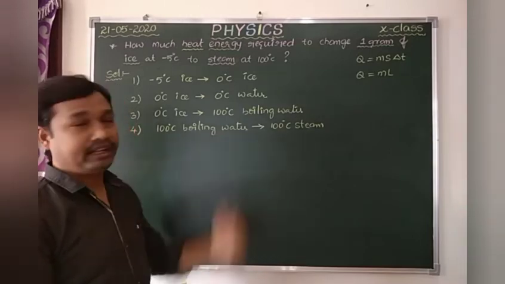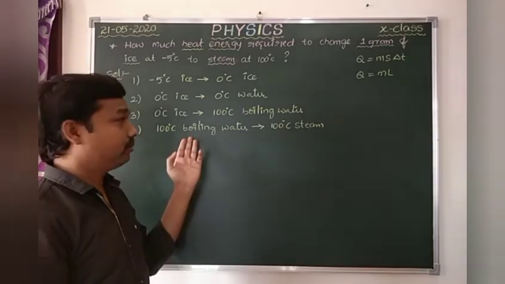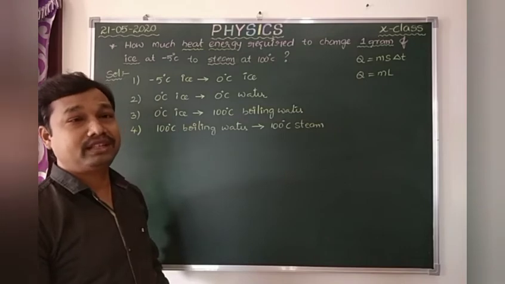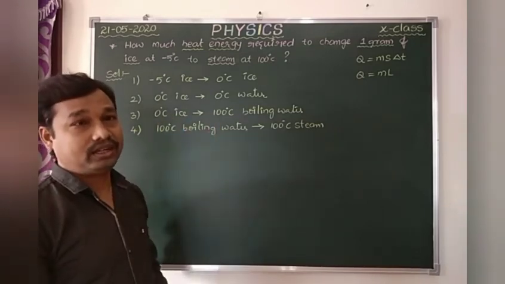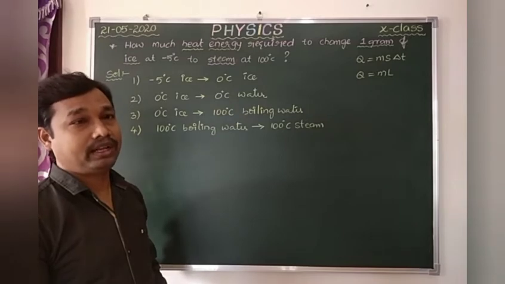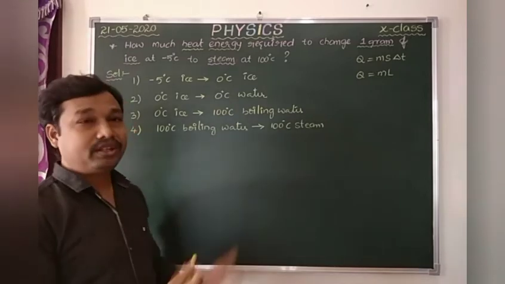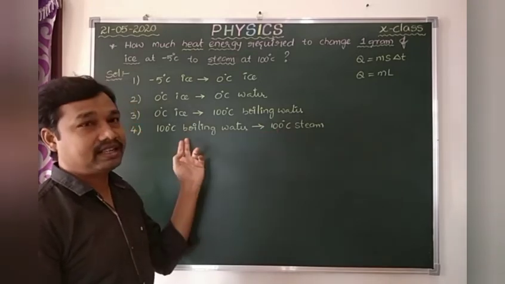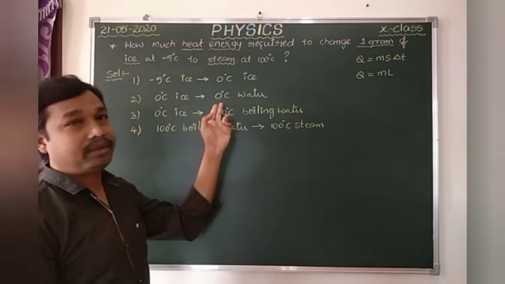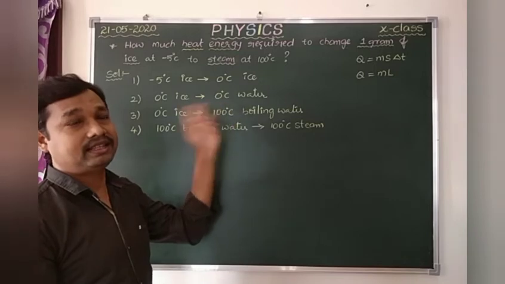And here we have boiling. What is meant by boiling? The process of change of state from liquid to gaseous state is called boiling. Boiling takes place at 100 degrees Celsius, and melting takes place at 0 degrees Celsius.